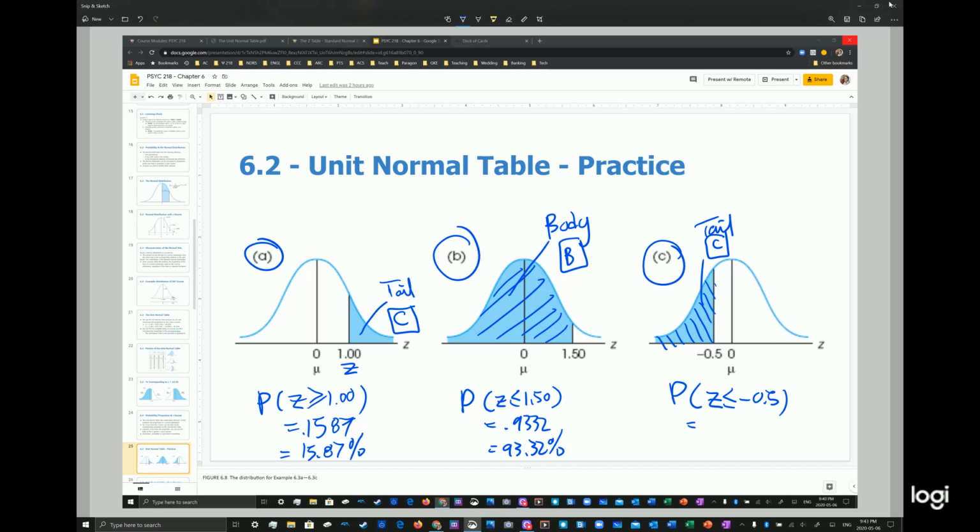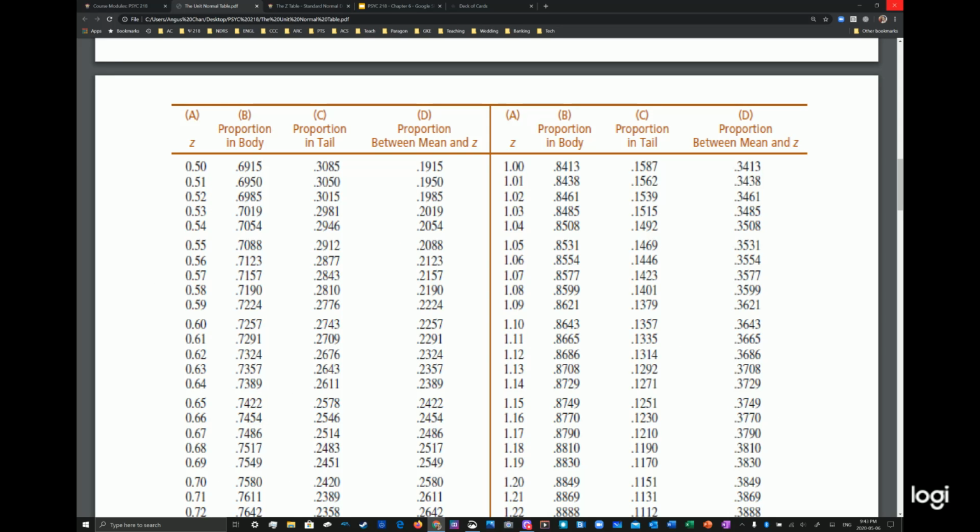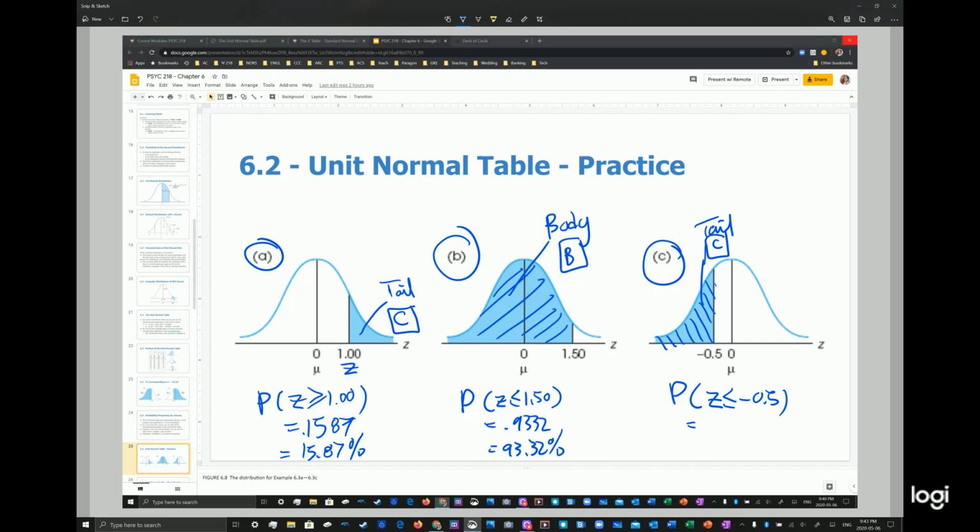Again, you can use this same process that we're demonstrating right now when you do your practice questions so you don't get confused. Drawing out the distribution is useful, and identifying the part is also useful for us to get the right portion every time. So tail is 0.3085, and that is 30.85%.